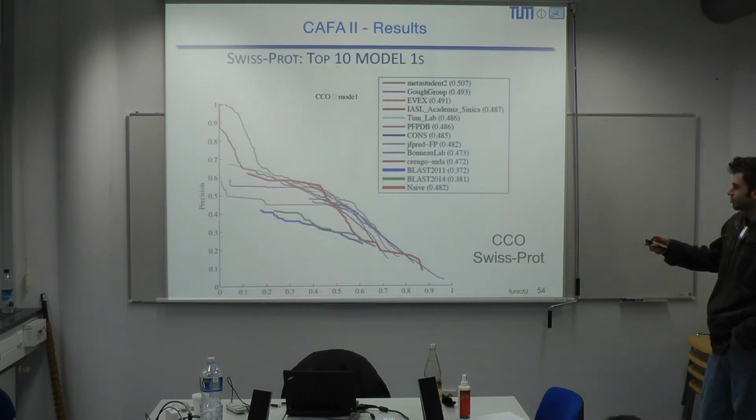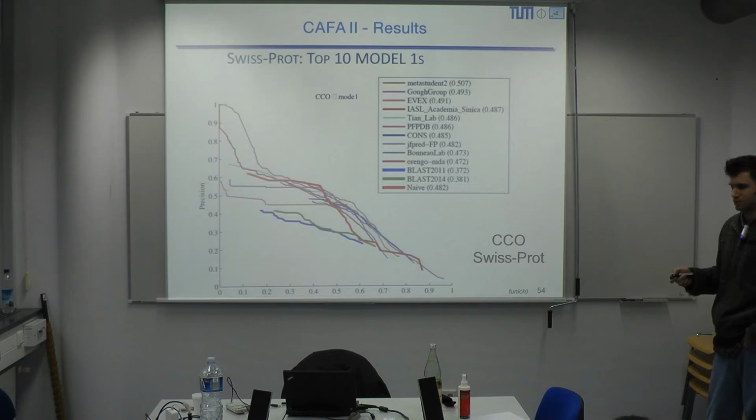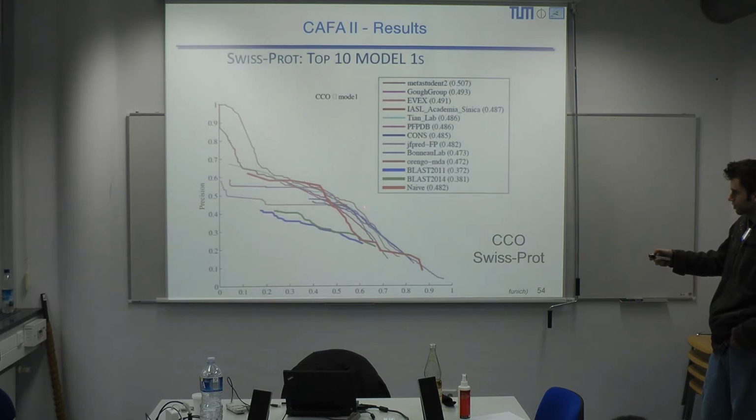So we are at this curve which goes here, and as I explained earlier, it is easy to get a good maximum F1 score if you perform well in the mediocre regions, and this is exactly this little hill here, which made the difference compared to all the other methods.